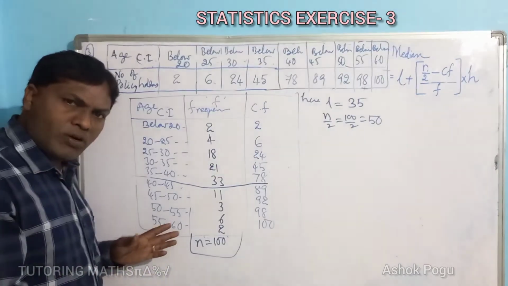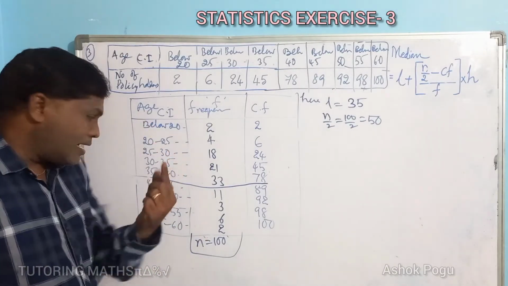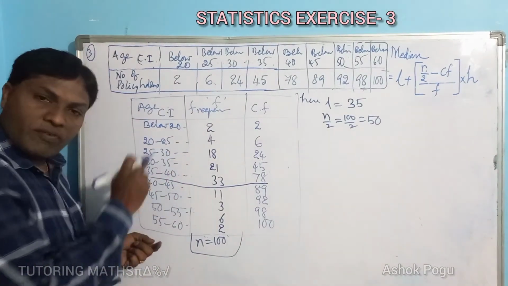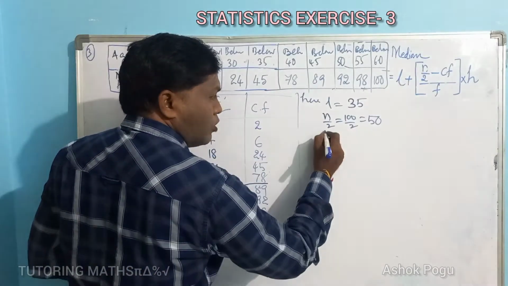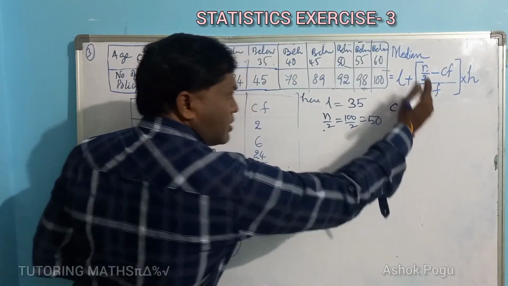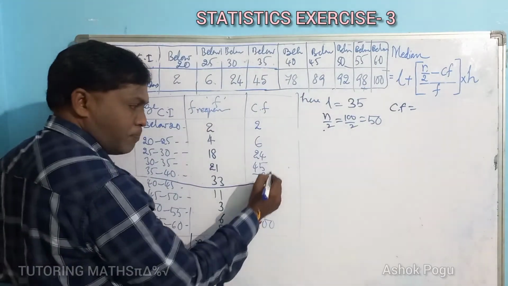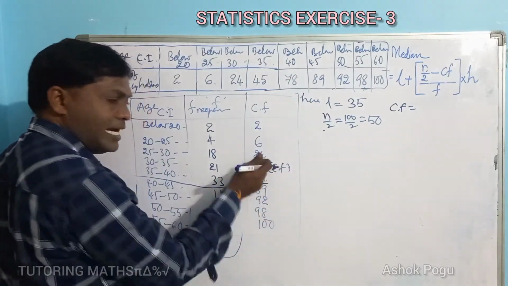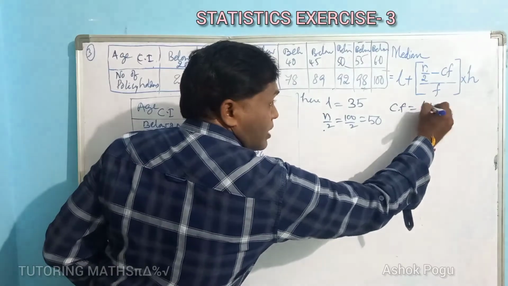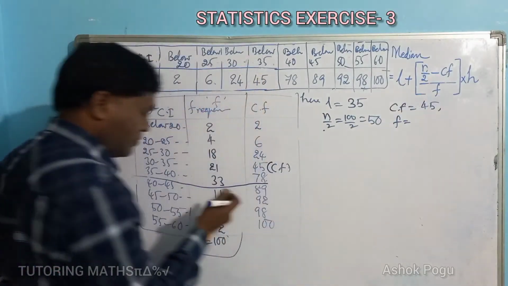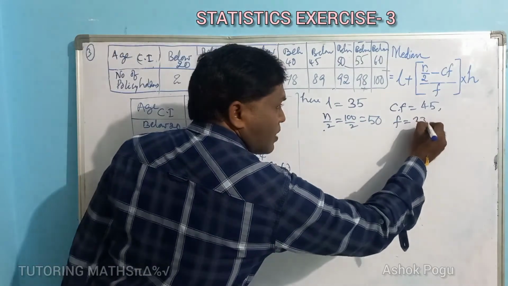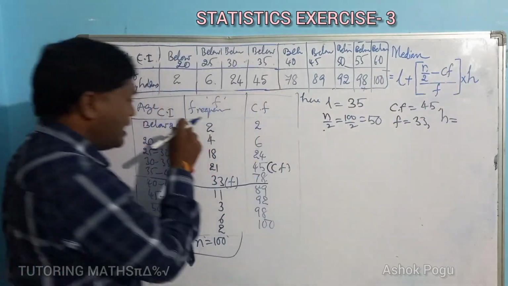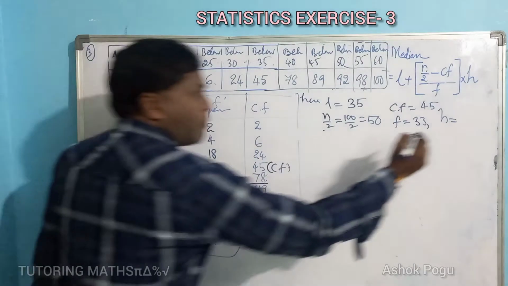You know that the lower boundary always should be taken as the lower limit of the exclusive type of classes. N is there, and cumulative frequency means the preceding cumulative frequency, 45, and small f is the median class frequency, and finally h is the height of the classes, increasing by 5.